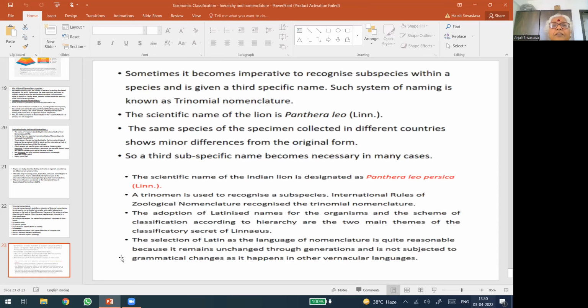So this is the very simple explanation of the pattern of classification done in an objective and numerical pattern. So with this ends the classification.